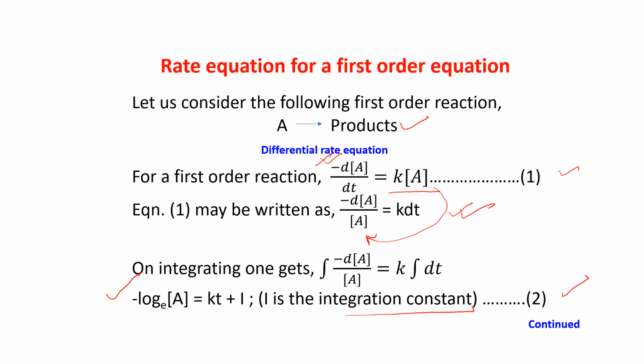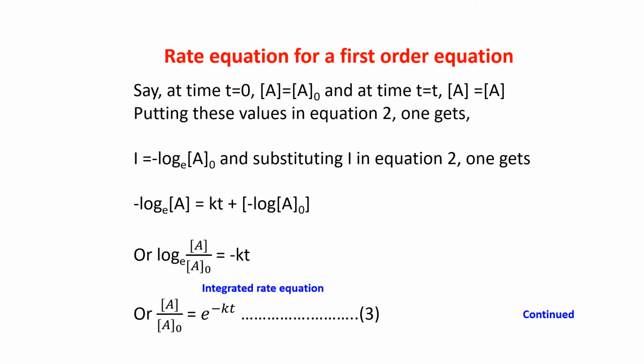Now let us see what is happening. At time t equal to 0, say A is equal to A0, and at time t equal to t, A is equal to A. Now put this value in equation 2. What was equation 2?